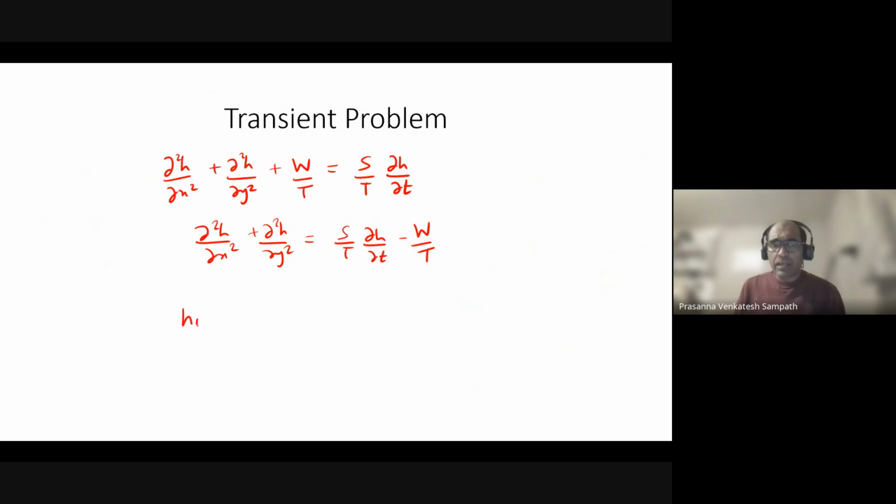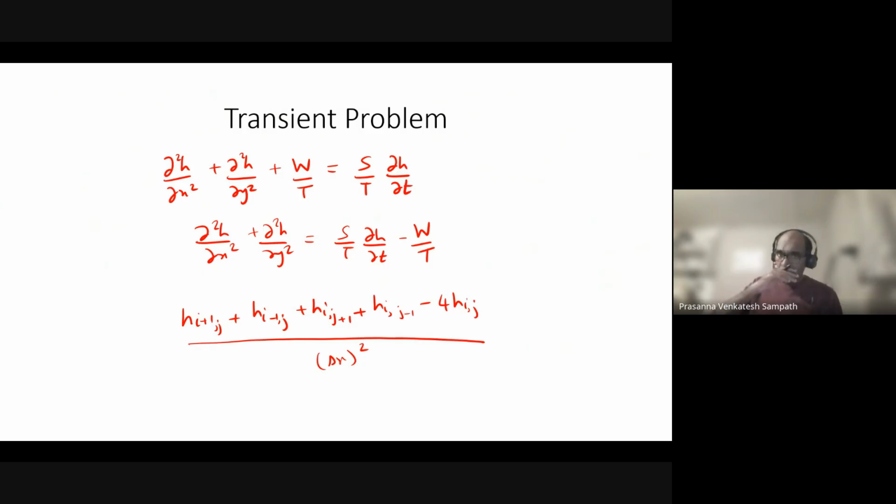It will be h i plus 1 comma j plus h i minus 1 comma j plus h i comma j plus 1 plus h i comma j minus 1 minus 4h i comma j, the whole thing divided by delta x square. Remember, we are assuming that delta x is equal to delta y, more or less, so we are not really going to worry about that.